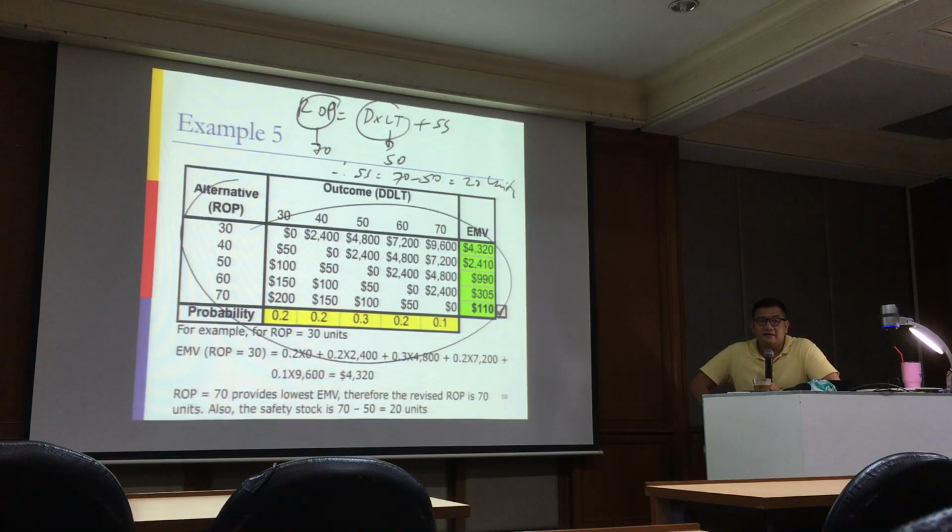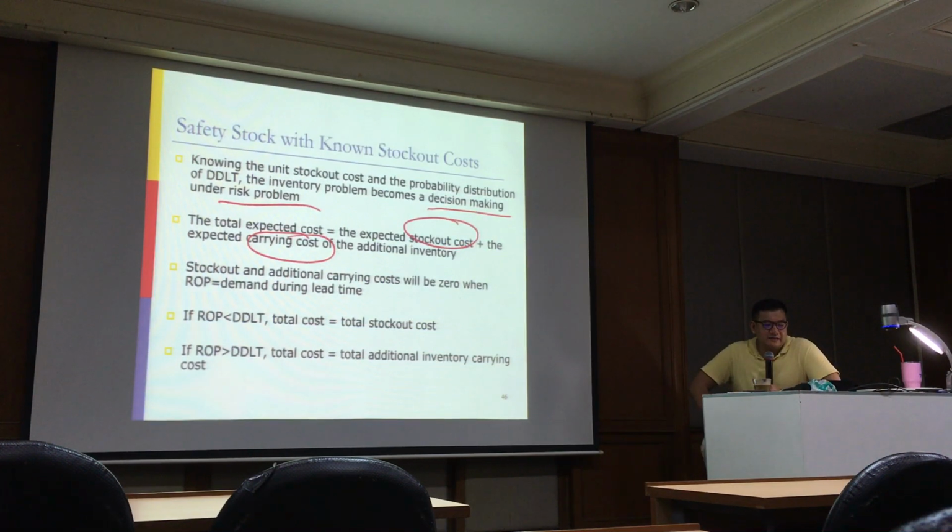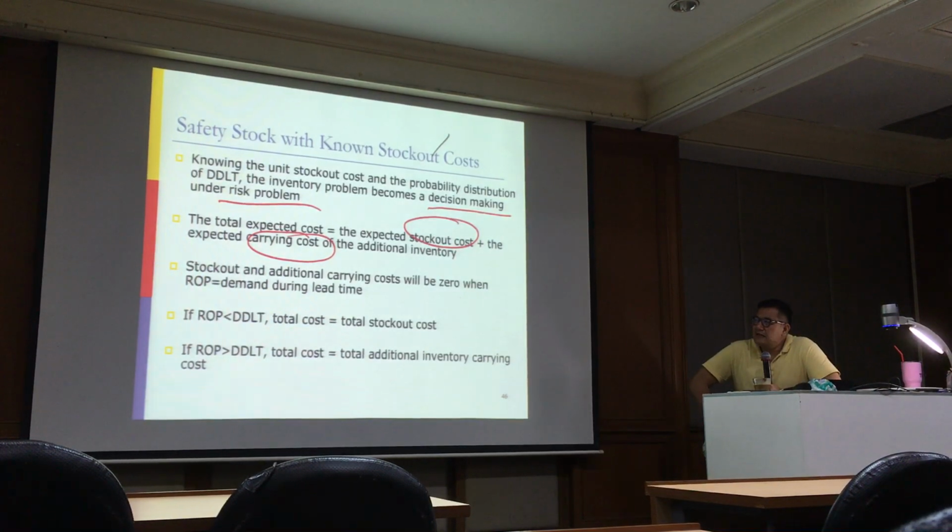We have no idea about it. So the calculation of safety stock in the case that you know stock out cost is a very rare case, right? Because in the real world, how can we know about stock out cost? So this is a very rare case that's going to happen.